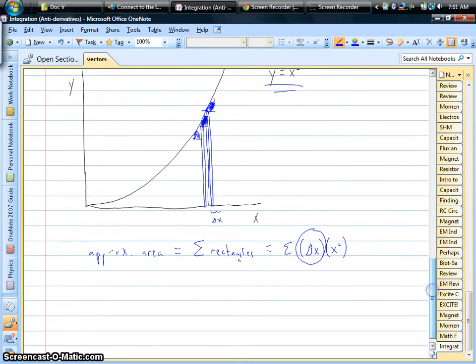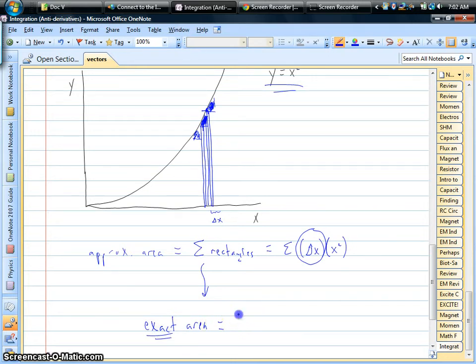Okay, that delta x. So it's the same idea that we had for derivatives and slopes. If we go ahead and really make these things incredibly skinny, make that delta x get closer and closer to 0, you go from an approximation of the area to the exact area.